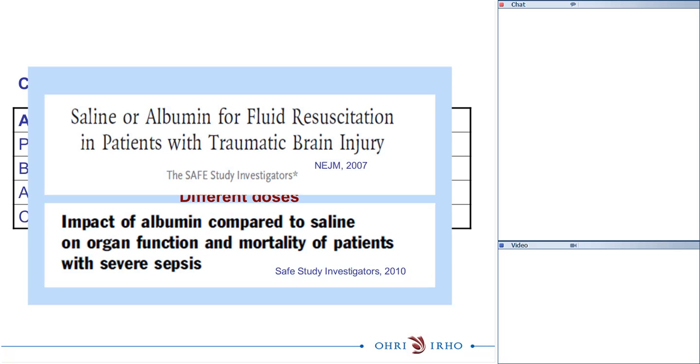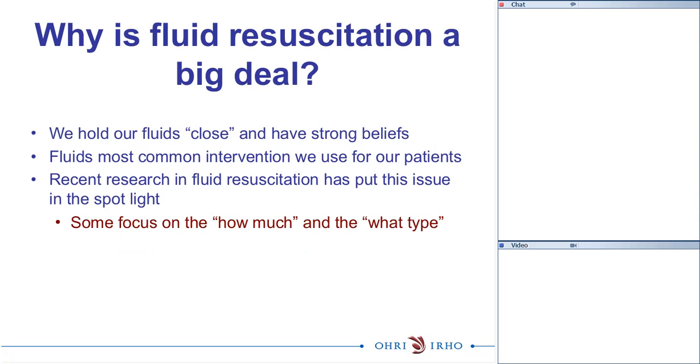But just to illustrate the point, the alternate is that albumin in the setting of sepsis may be helpful in this setting. So let's talk a bit more about that as we go along. In addition to why this is kind of a big deal, this whole fluid resuscitation paradigm, is that I think we have strong beliefs with regards to the fluids that we use.